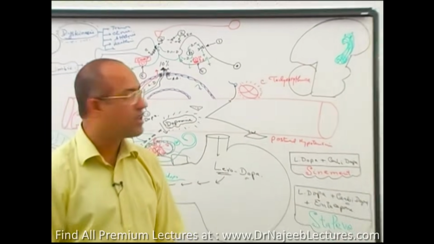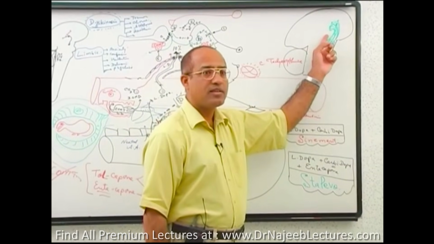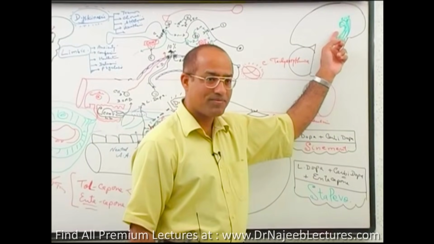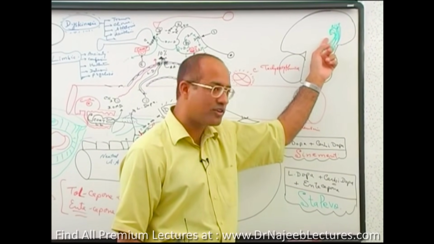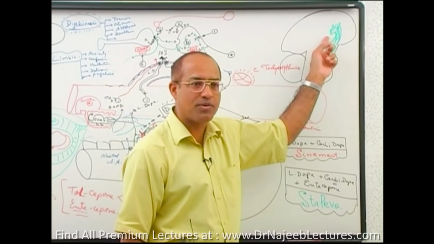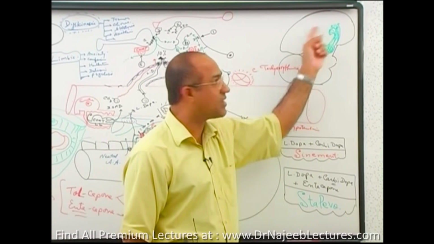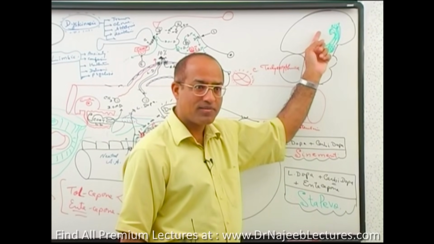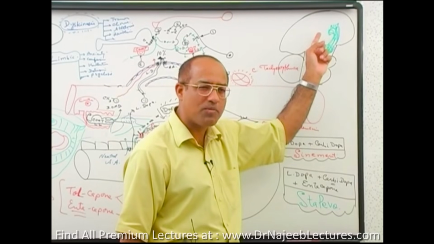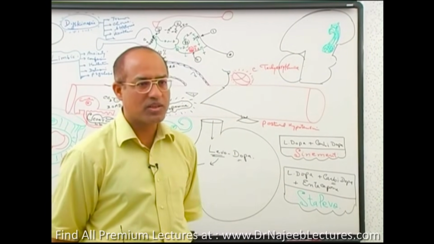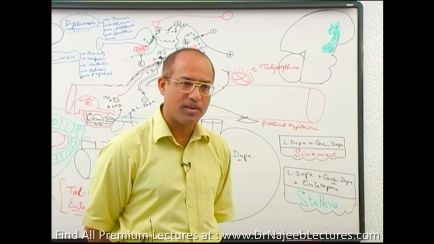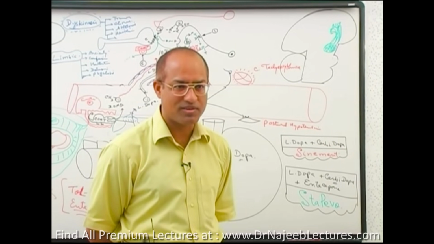Why is there a good response? Because these nerve terminals are there in enough amount. There are enough nerve terminals to take up the levodopa, convert it into dopamine and store it in enough amount so that they keep on releasing, and the striatal system keeps on working in a normal way. The result is a very good symptomatic treatment. We say there's a very good response to the drug.